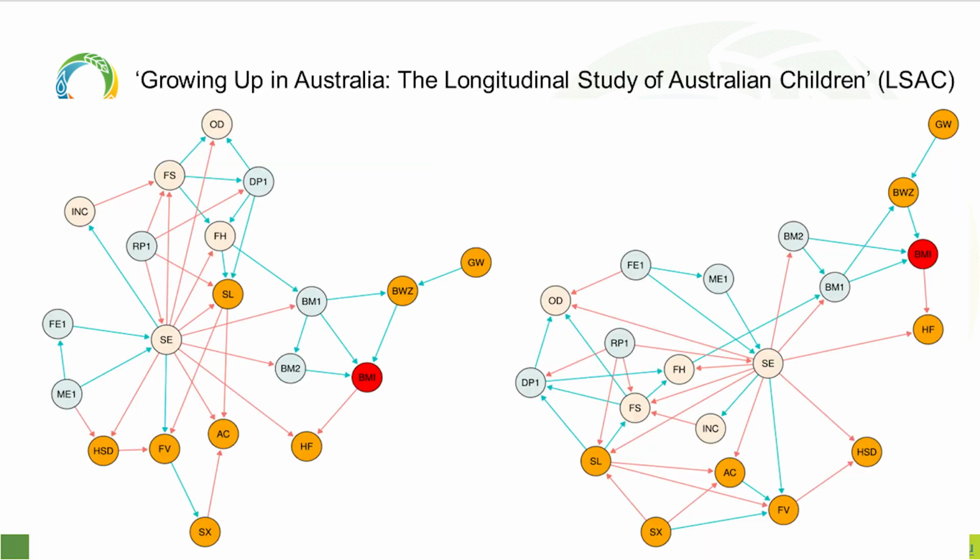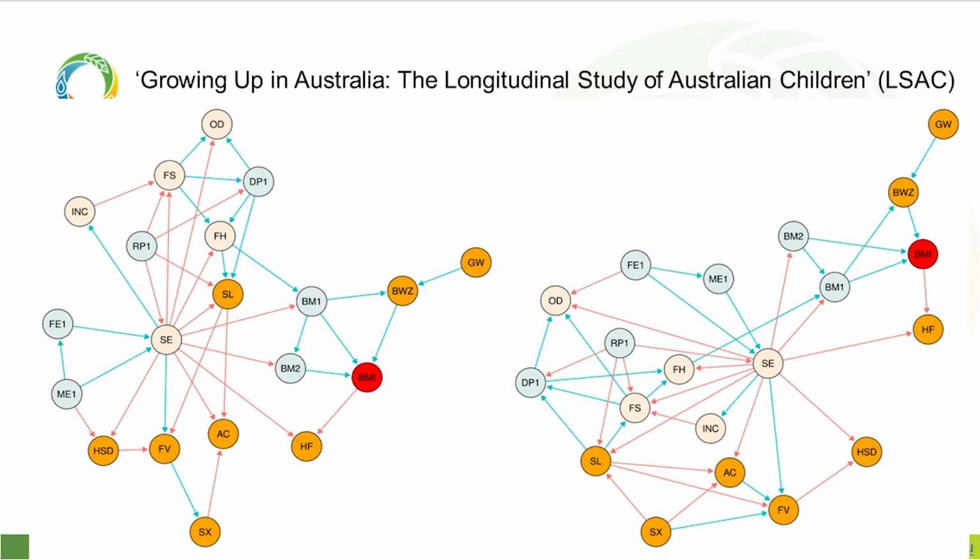To give you an example of application of this, this is the same data set that was used before, the Longitudinal Study of Australian Children, put in a bigger network. Here the nodes are color-coded. The red node is the target child's BMI.